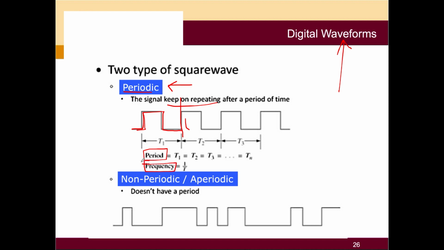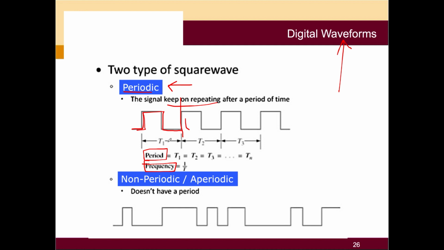Of course for non-periodic you sometimes also have a period, but it is too difficult to calculate, especially the frequency. On the non-periodic it's very hard to have a period, because it's not simultaneous, it's not repeating, and it's hard to calculate the period and also frequency. So that's why you will have the period and frequency only if you have periodic signals.